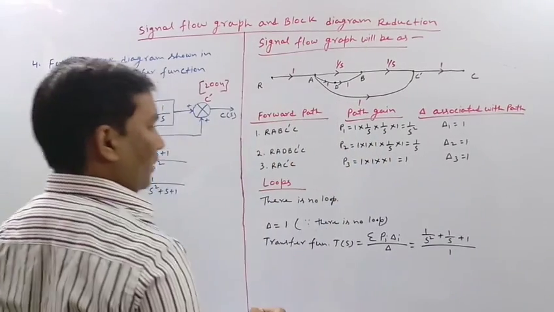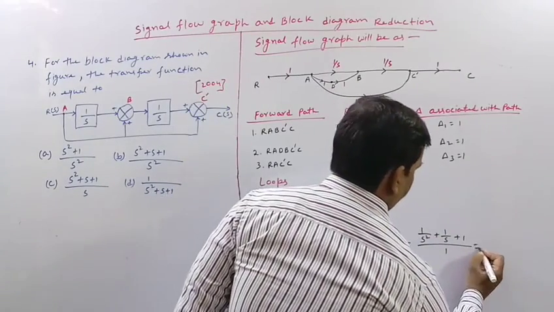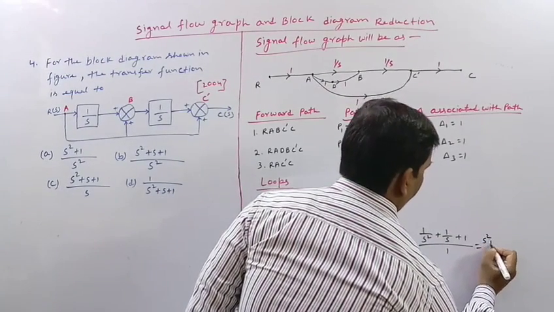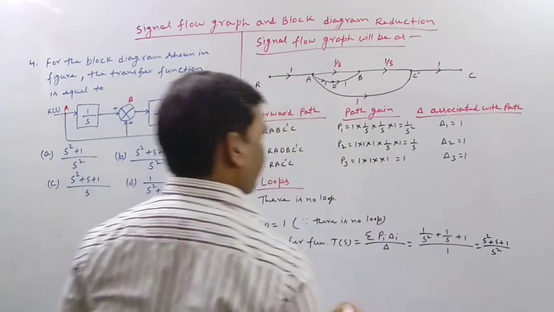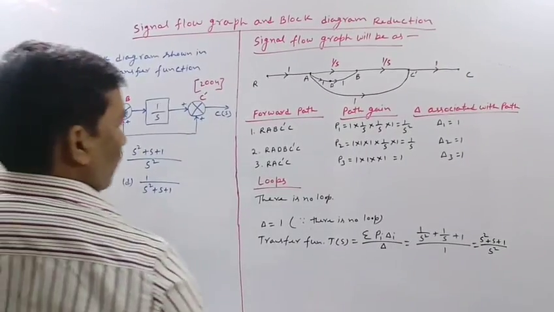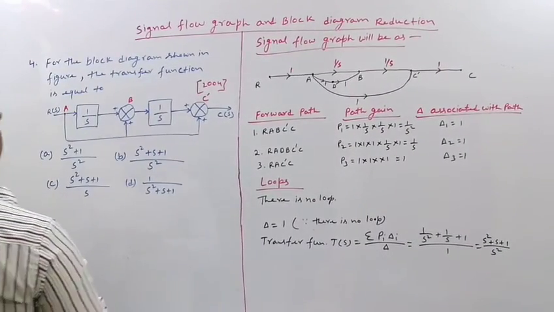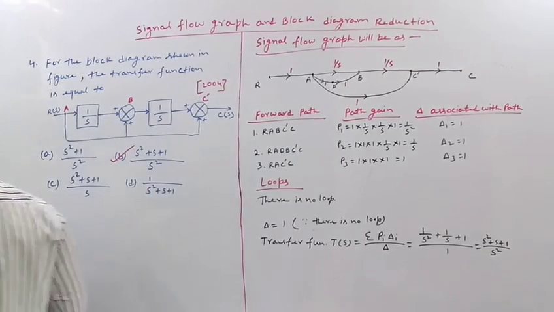So we will get (s square plus s plus 1) divided by s square. Which of the given options is correct? Option number B is the correct one.